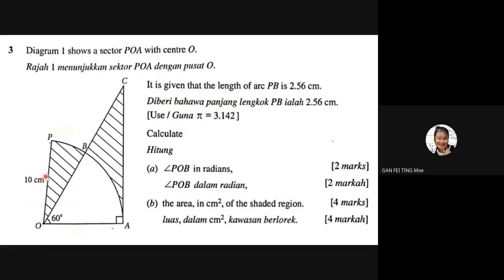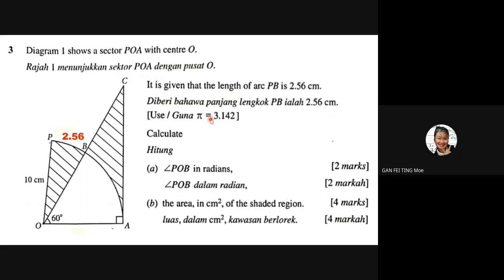You may cepat-cepat ambil pensel, tandakan dia sama panjang. It is given that the length of arc BP is 2.56. Okay, panjang lengkuk PB adalah 2.56. Cepat-cepat you pergi tandakan dekat rajah. Okay, PB is 2.56.